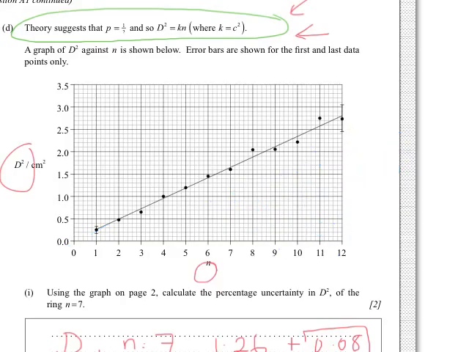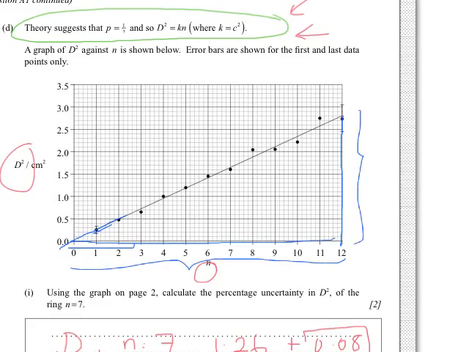The question that follows also asks you to work out the gradient of this line. Now your read-offs must be clear, and choose read-offs that are more than half the line. So assuming this is a straight line through the origin, I'm going to choose the whole area. Again, make sure your read-offs use more than half of the line.